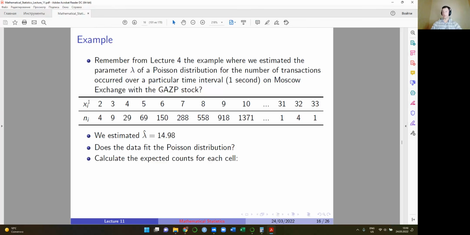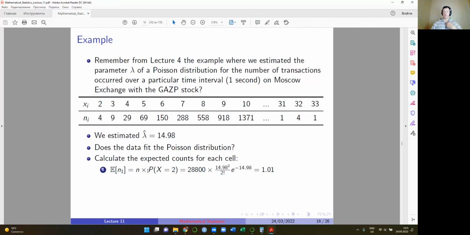But similar to the previous test, we need to calculate the expected counts for each cell. So what is the expected count for cell number 1? Instead of 4, how much would we expect if lambda were 14.98? This is n, and n is 28,800, the number of seconds during the particular trading day, multiplied by the probability that x equals 2.